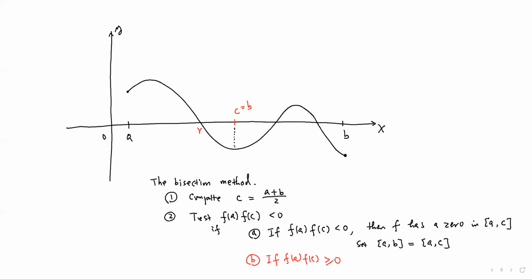Also, there are 2 cases. The case is equal to 0. Then because f(A) is not 0, we must have the function value at C is 0. Then C is a 0. Done. If this case is true, then done.